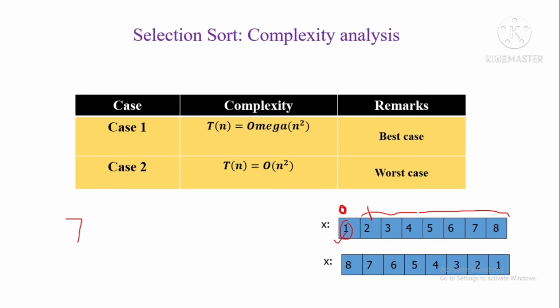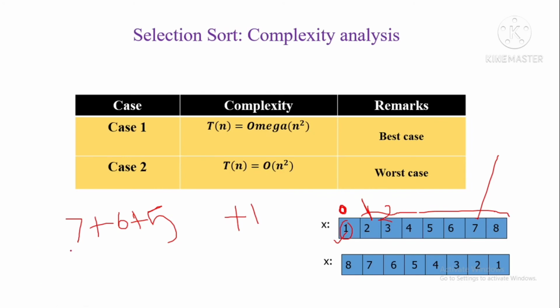To fix the element on the first position, you have to compare it with the remaining elements, that is 6 times, right? To fix this particular position you have to compare it 5 times. So like that it will go on. If you want to fix this position, you have to compare 1 time, right? For 8 we don't need to compare anything.